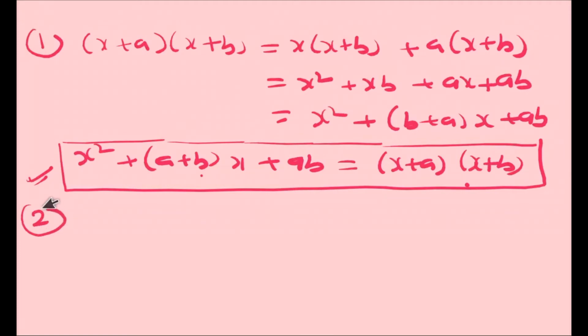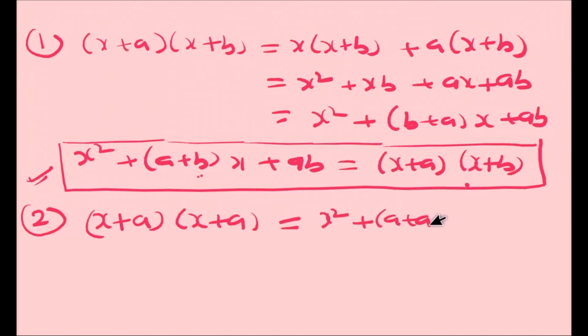Now what happens if we use x plus a into x plus a? So the value of b is equal to a. We will get x square plus a into x plus a into a.